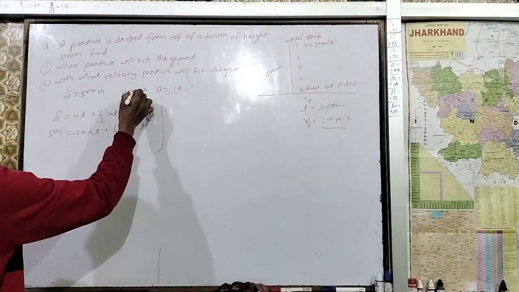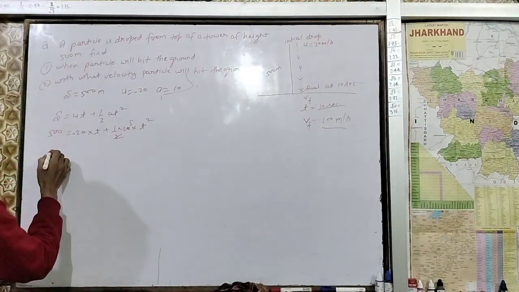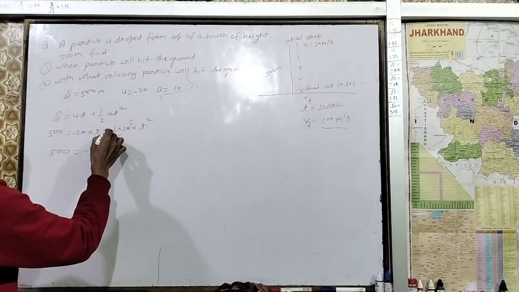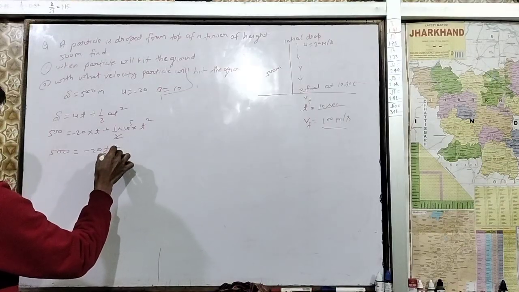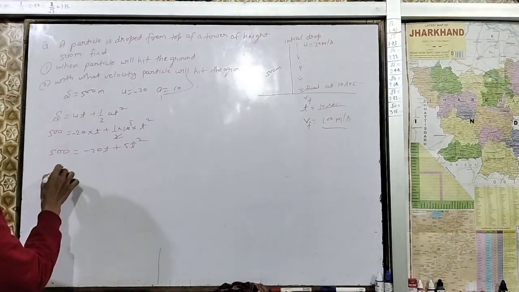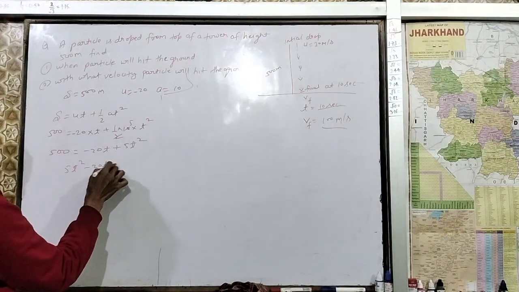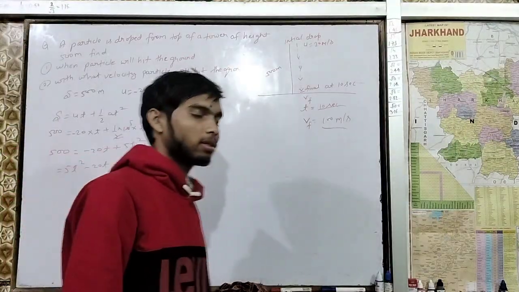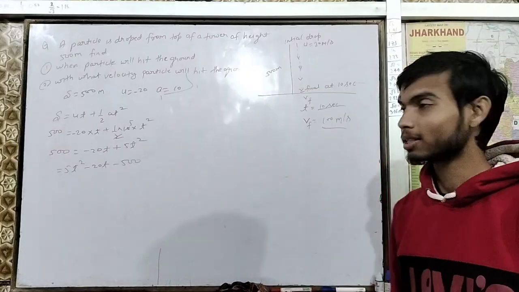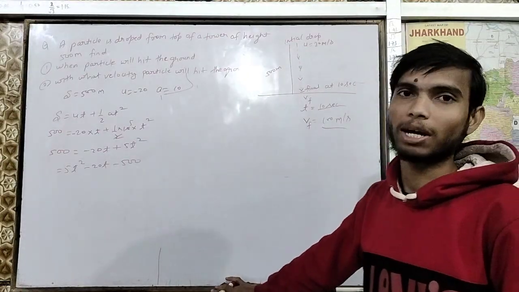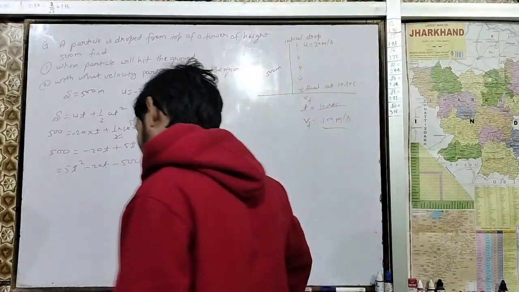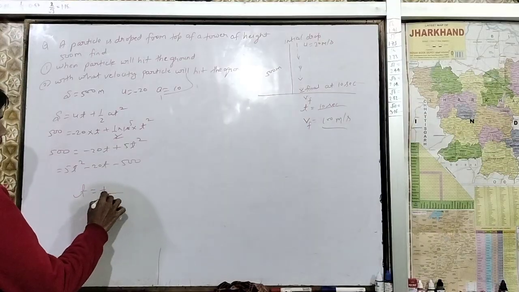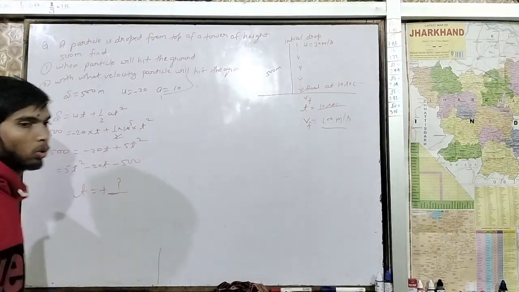Now we have minus 20, so again you have 5t square minus 20t minus 500. This is your quadratic equation. Use the quadratic formula to get the exact value of t. The positive number will be valid.